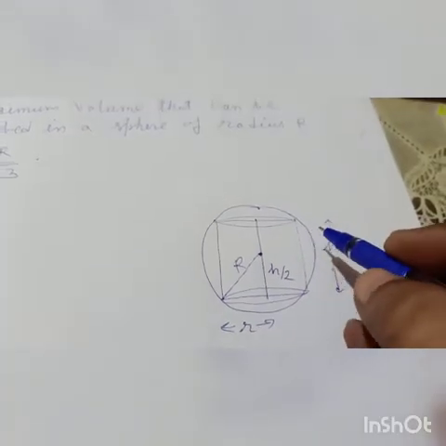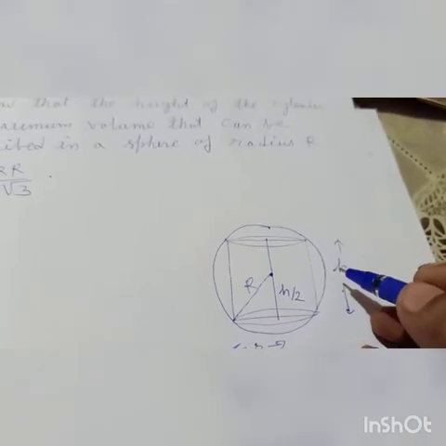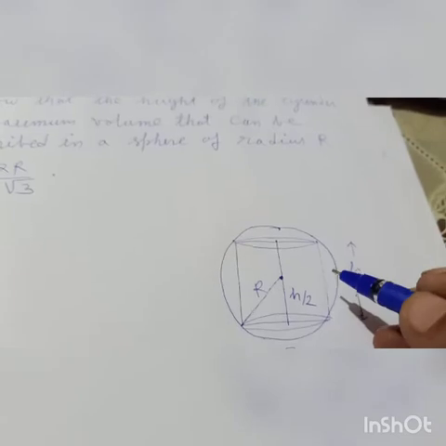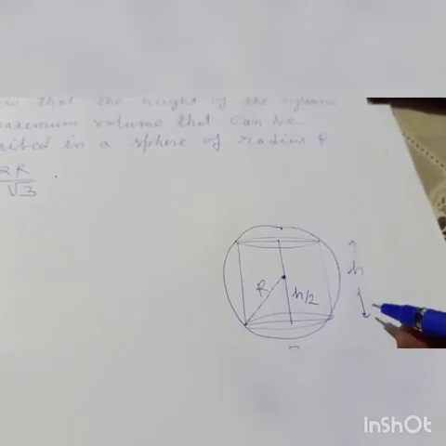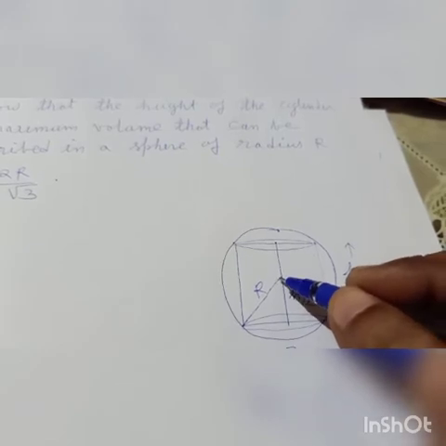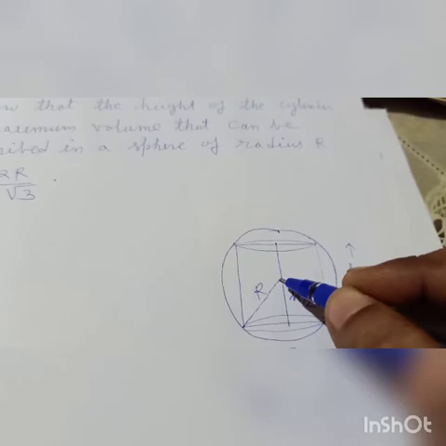Okay, we have assumed that the height of the cylinder is h. We have to prove that this h is equal to 2r by root 3 when the volume of the cylinder is maximum. So this height is h, and by symmetry we can say this will be the center of the sphere as well as the cylinder.